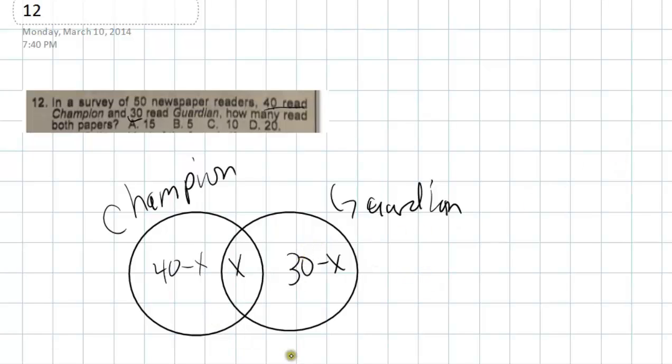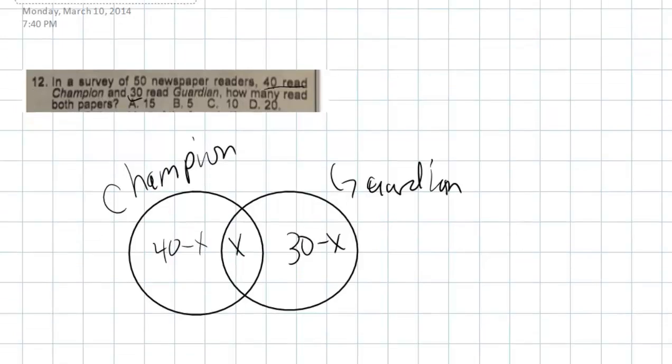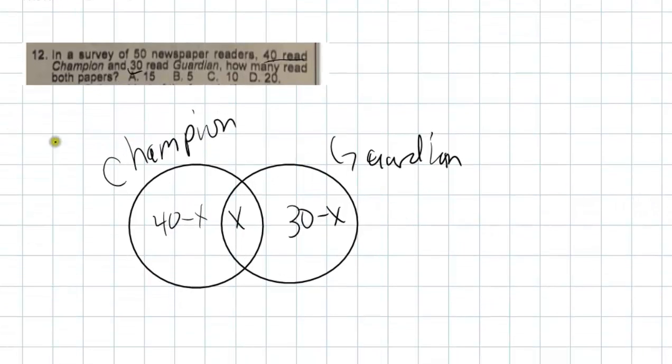What you want to do is look at all this and remember, if you saw number 11, there's a total of 50, and so all of this combines to make the total. So we're going to have 40 minus x plus x plus 30 minus x.